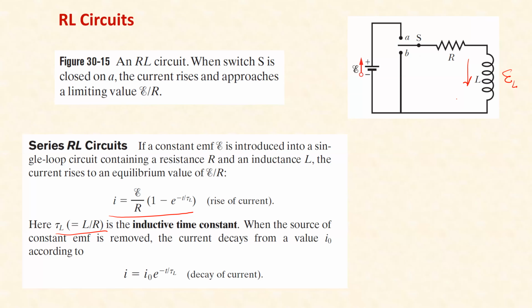So the current decays by this formula: I equals I naught e to the negative t over tau.